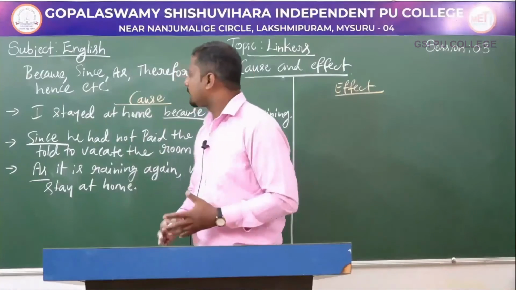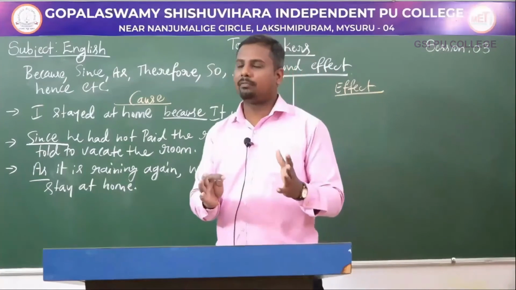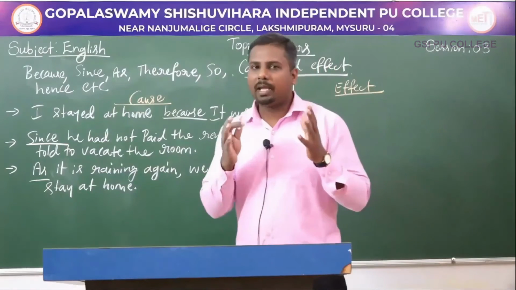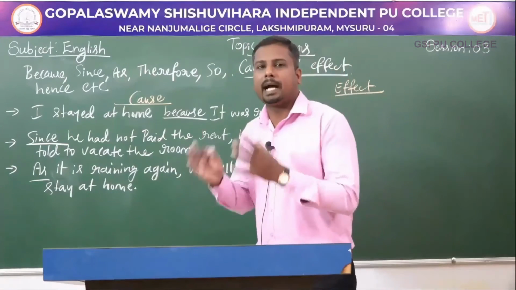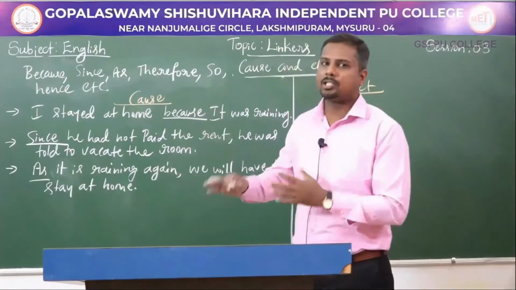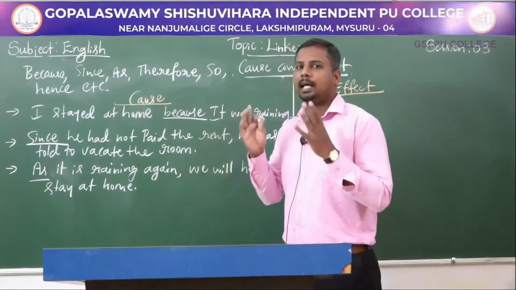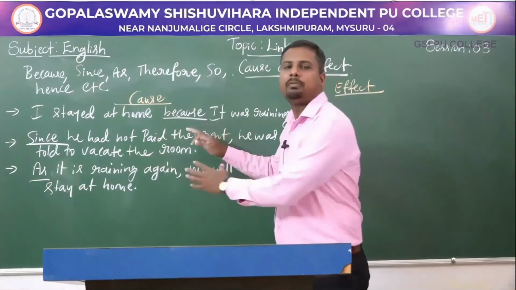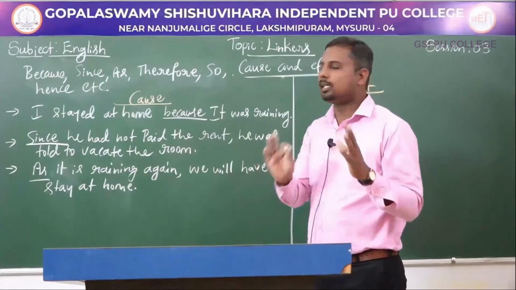Notice that in all these sentences, the linkers express the cause, not the effect. Because when we use linkers related to cause, they should be followed by the idea that expresses the cause, not the effect.